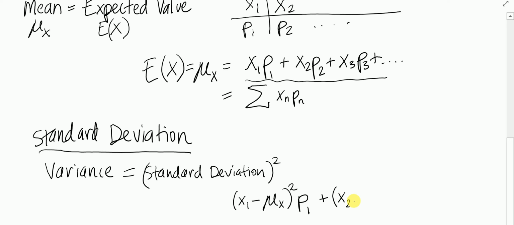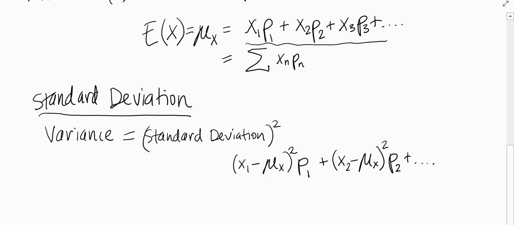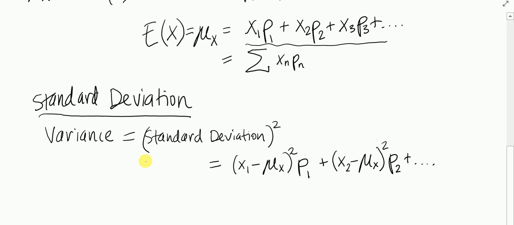So x2 minus the mean squared times probability 2, and so on and so forth. So once I do all of this, that is actually going to get me the variance, or we abbreviate it var of x. Once I get my answer for the variance, to get standard deviation, I will simply square root my answer.